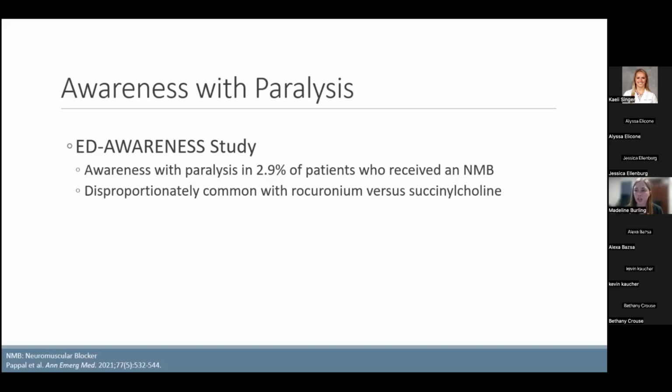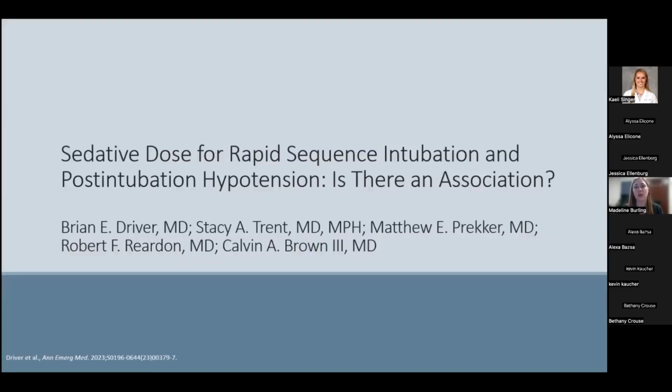So when we're talking about this post-intubation hypotension, yes, we want to avoid it because of the increased morbidity and mortality. However, when increasing the induction dose, we just want to be really sure that that's the right thing to do, on the off chance that it is increasing this awareness with paralysis. So that's what this study is going to talk about. We're looking at the induction dose of sedation agents and their relation to post-intubation hypotension.